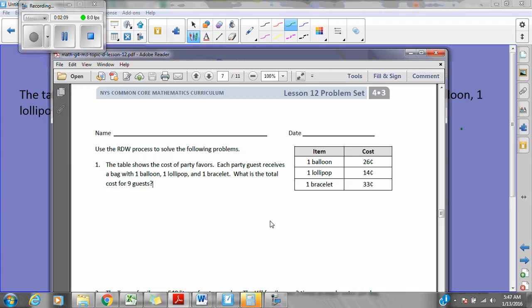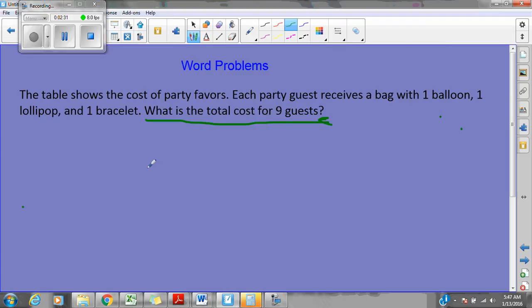You're going to pause the video and you're going to go ahead and try to figure out using this table, because this tells you the cost of each item. And you're going to figure out how much is it for just 1. What pictures can you draw? So you and your partner and your group should talk about what pictures you can draw to help you.